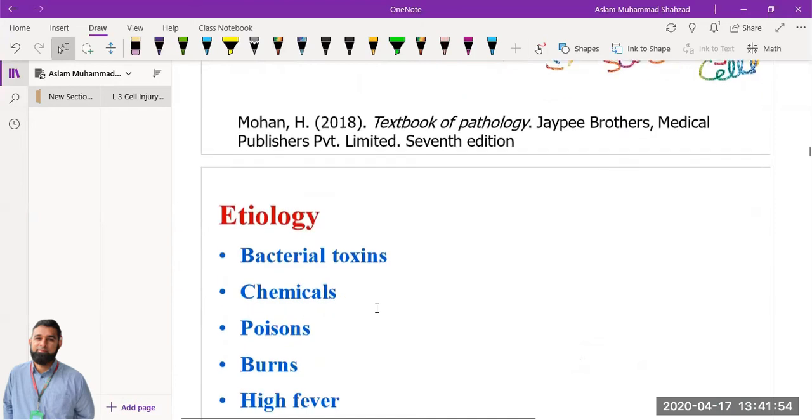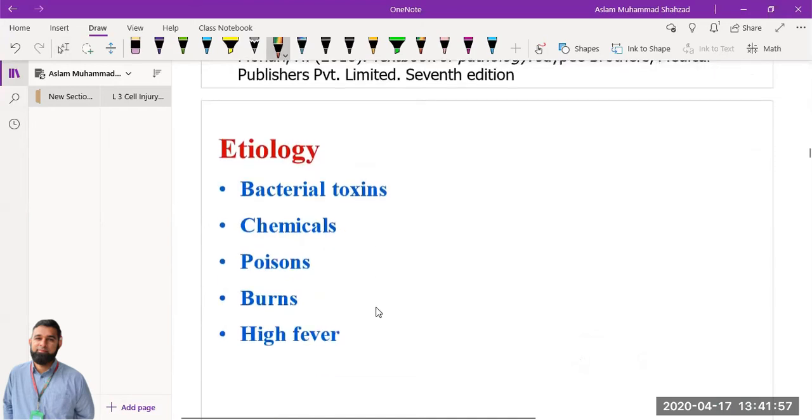For example, bacterial toxins, chemicals, poisons, high degree burn, high fever, they all lead to cell swelling.